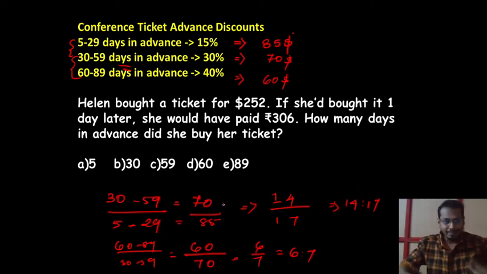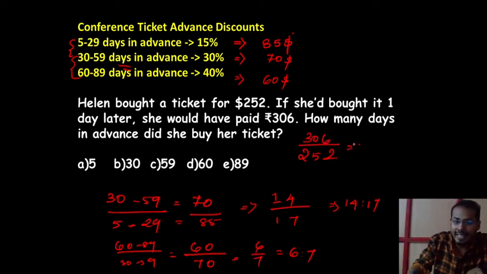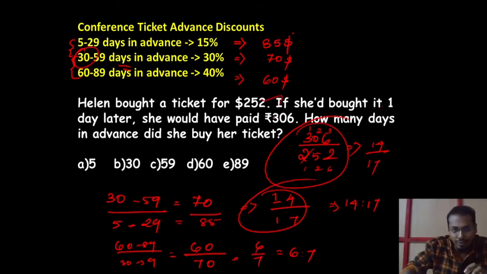Look at this. If we take the payments 252 and 306 and take the ratio, we cancel the common factors and get 14 to 17. So the ratio is the same as the earlier one. So she actually paid 252 on the 29th day, and on the 30th day it would increase to 306.